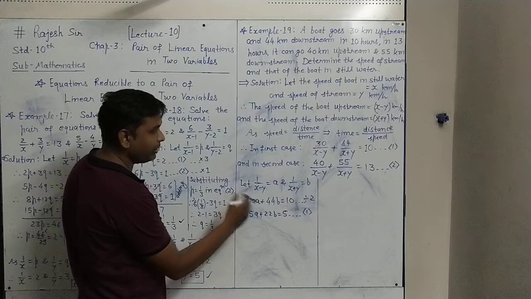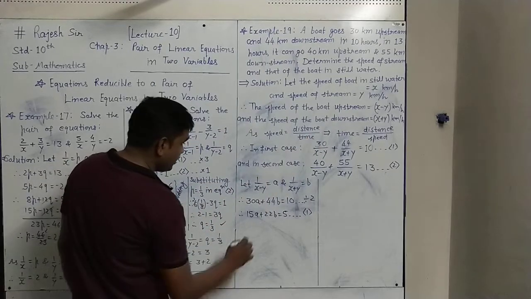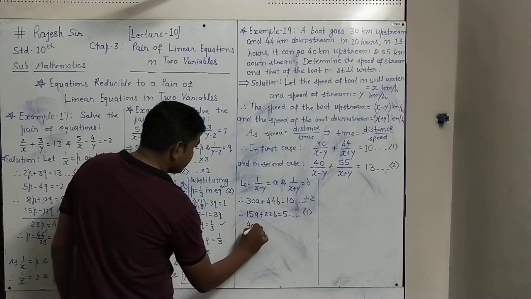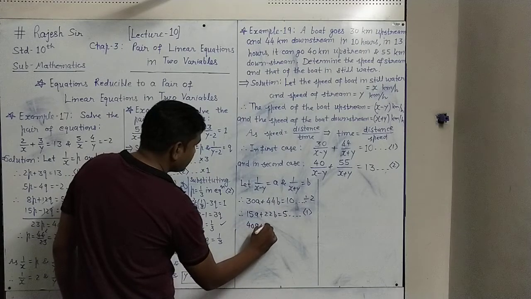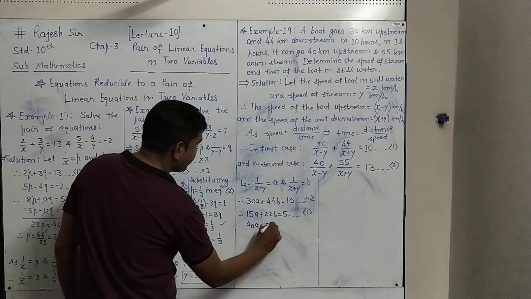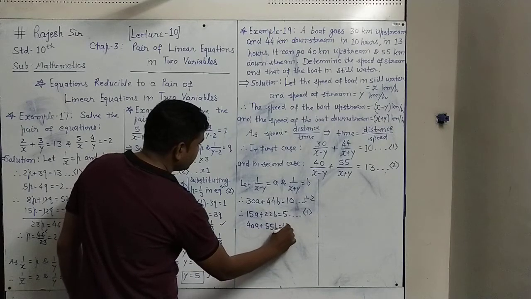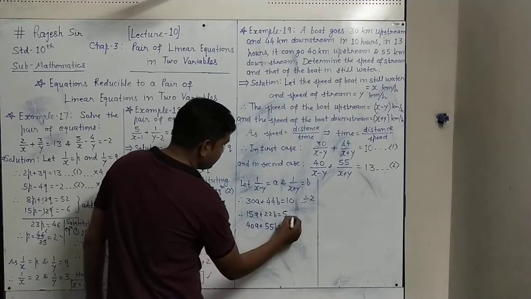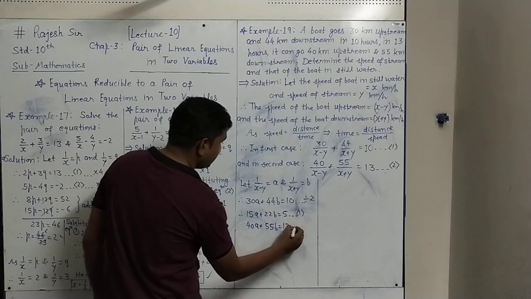This is the simplified form of equation number 1. And then equation number 2 is 40a plus 55b equals 13.